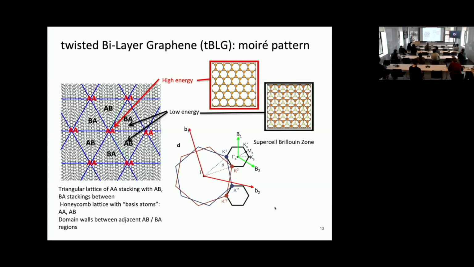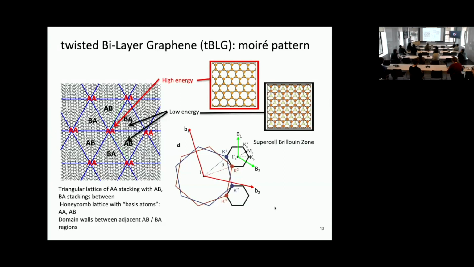So when you have this twist in real space, you also have a twist in reciprocal space. So the Brillouin zone in reciprocal space that I showed a moment ago for a single graphene layer, now you have two of those, the red one and the blue one.